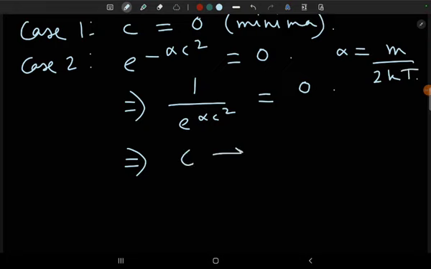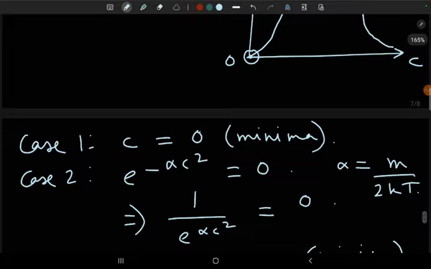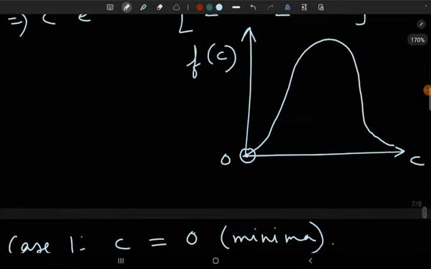That means c was tending to infinity, a large number, and for that also we achieve a minima here. We can see from the graph above that when c was tending to infinity, this was tending towards the minima. That is, molecules with speed tending to infinity were also very few in comparison.